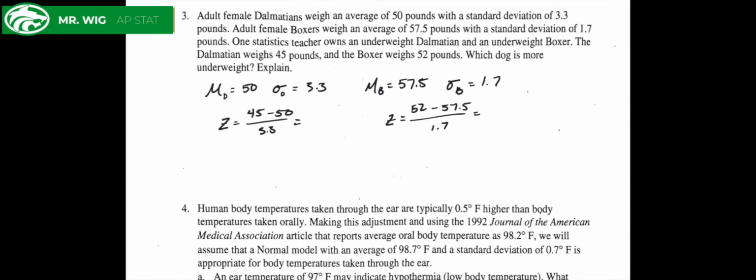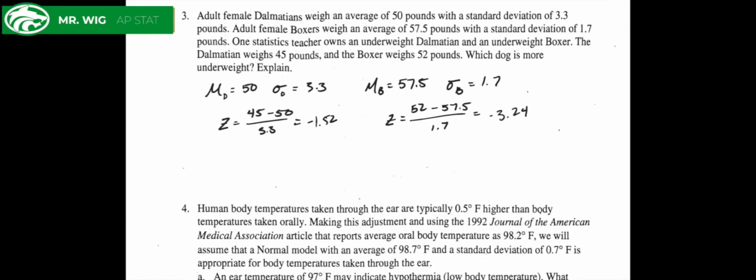We know those z-scores are negative because these values are all below my mean, and it's going to create a negative difference, which is expected in this case. If I do the Dalmatian, it's negative 1.52, and the boxer is negative 3.24.